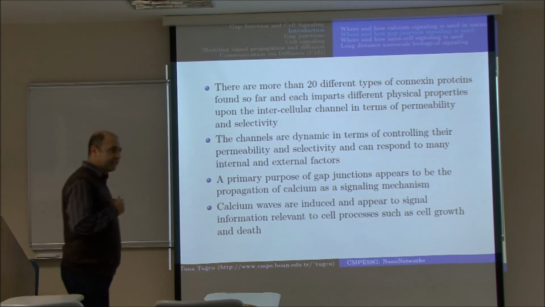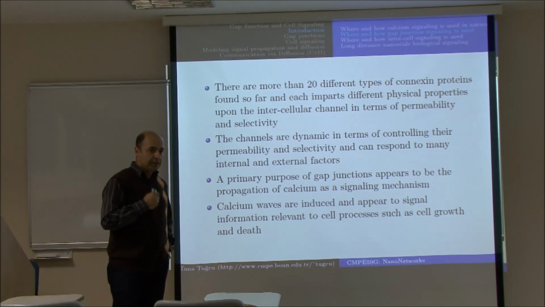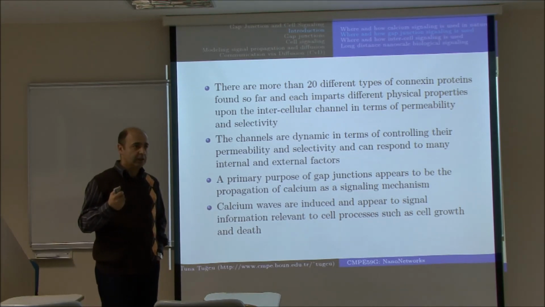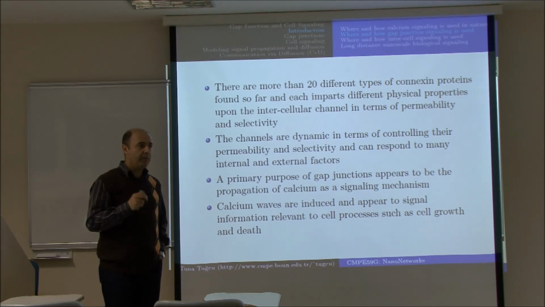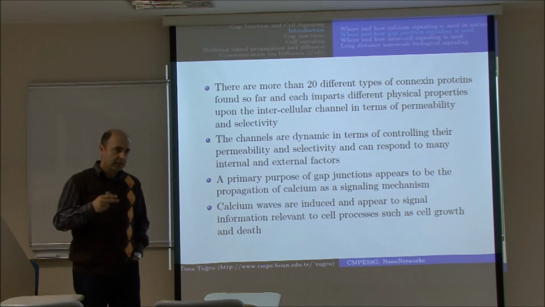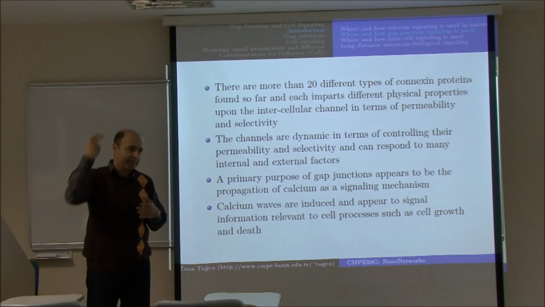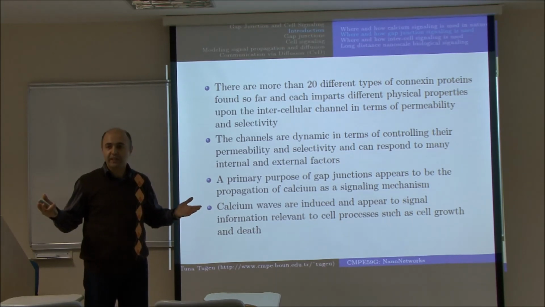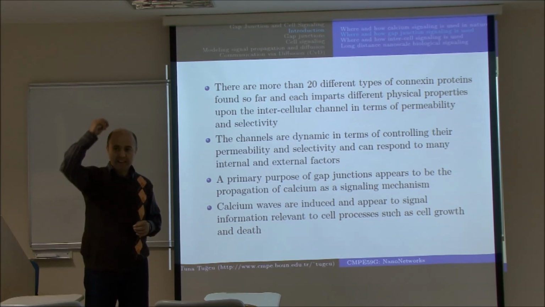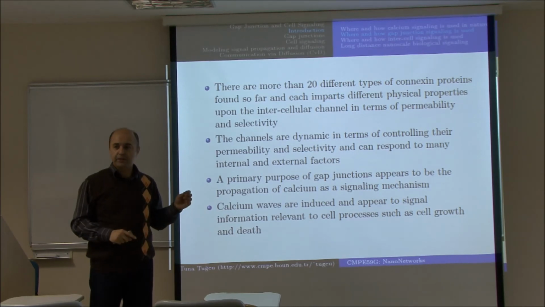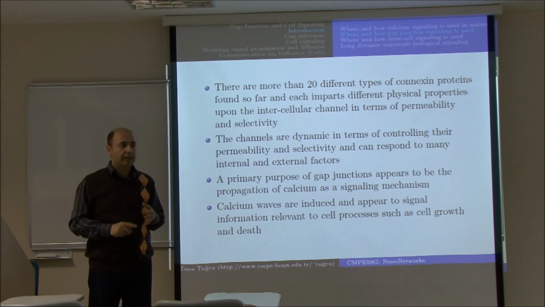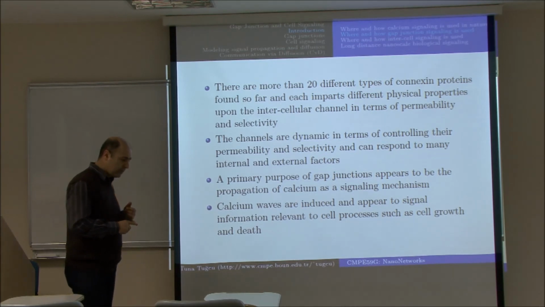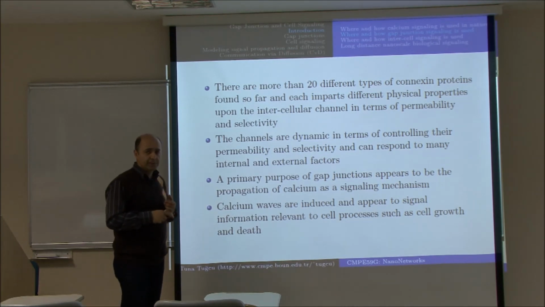The cell is able to create a gap junction on any side it wishes. The cell is somehow able to understand its north, south, or up, down, however you call it, left, right. It can differentiate between these. So it can form its gap junction with any one of the neighbors it wants. The lifetime of a gap junction is typically several hours.